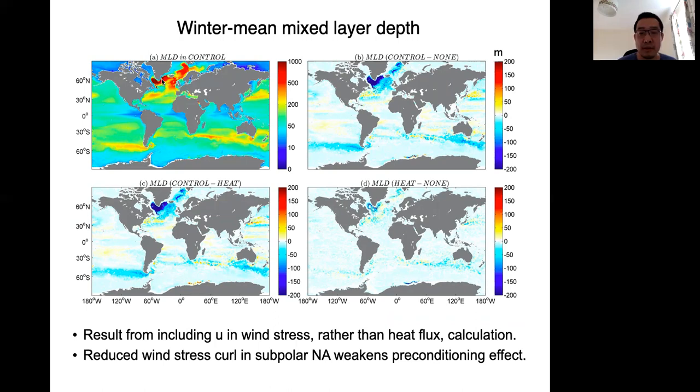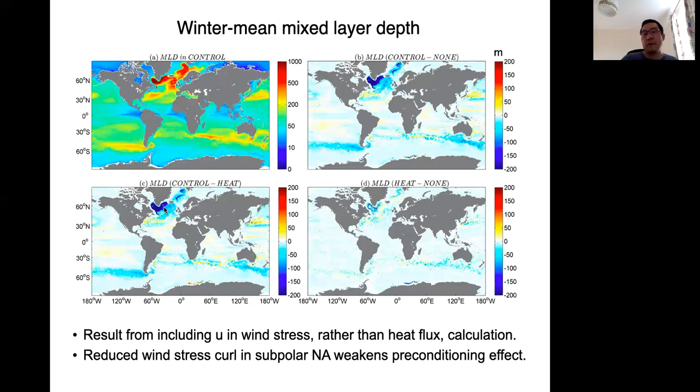If we take the difference between control and none, the mixed layer depth is reduced considerably, by more than 200 meters in the subpolar North Atlantic, when ocean surface currents are included in the bulk formula calculation. And this again is due to the relative wind stress effect, not because we include ocean surface current in the heat flux calculation.